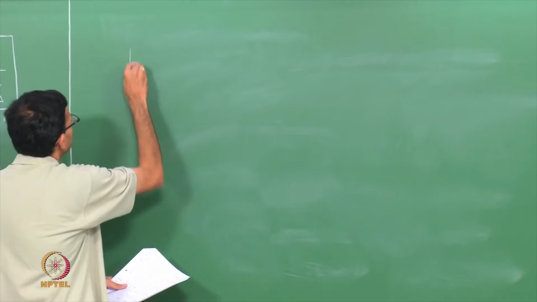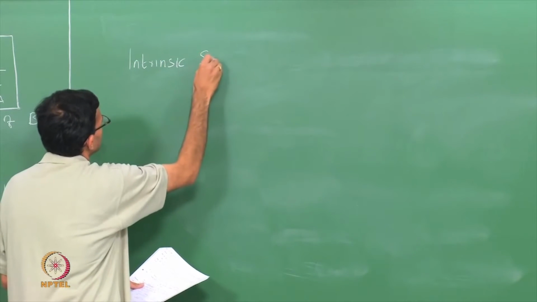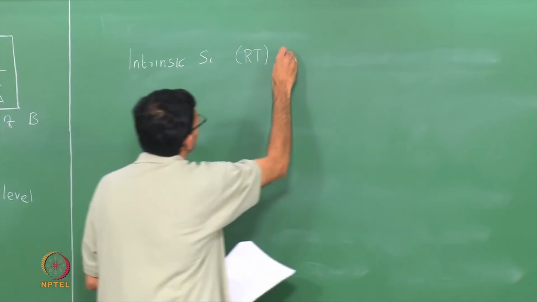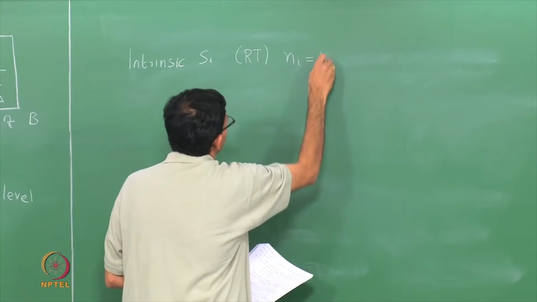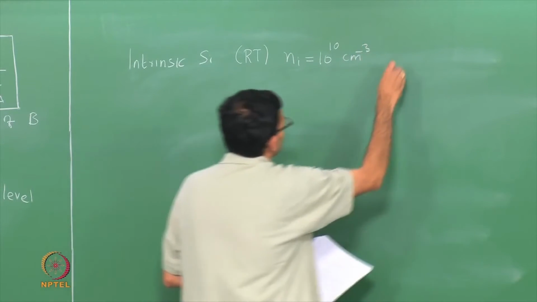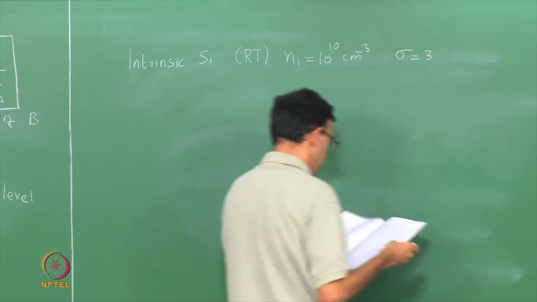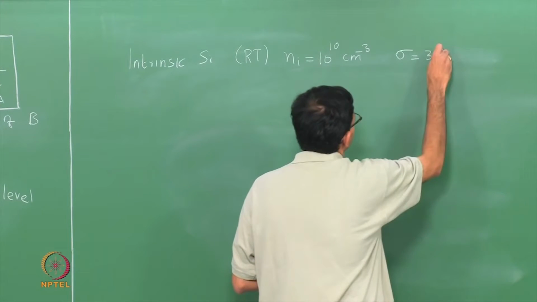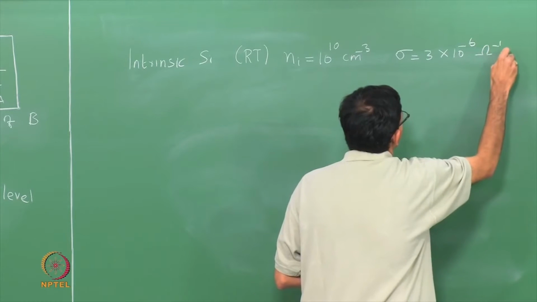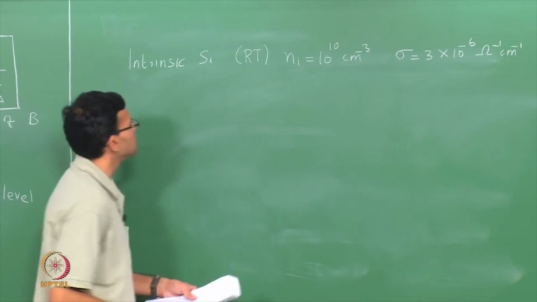We saw earlier that if you have intrinsic silicon, your carrier concentration at room temperature is 10 to the 10, and your conductivity sigma is around 3 times 10 to the minus 6 ohm inverse centimeter inverse.